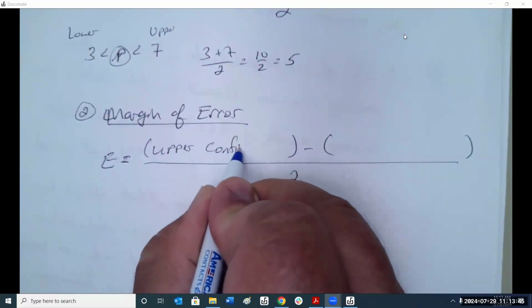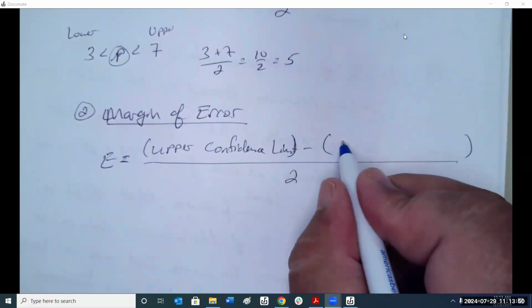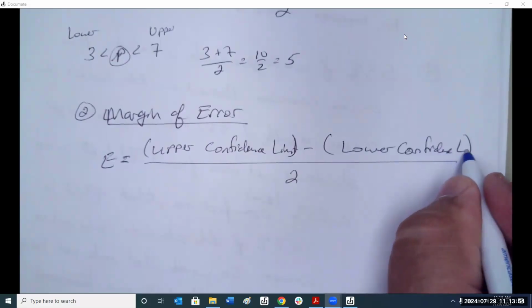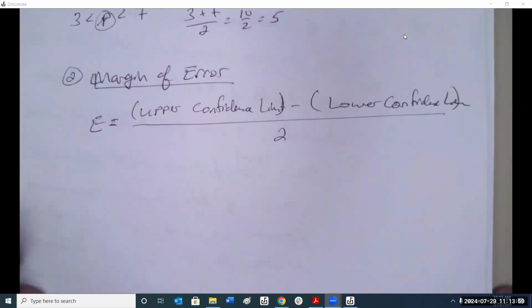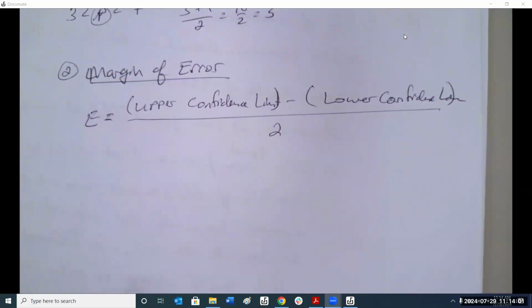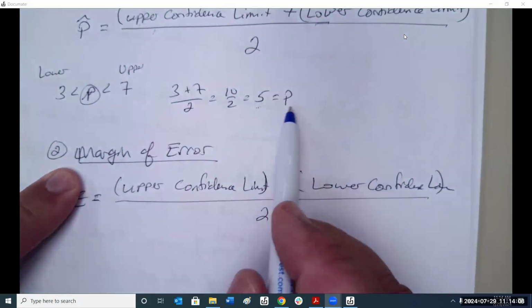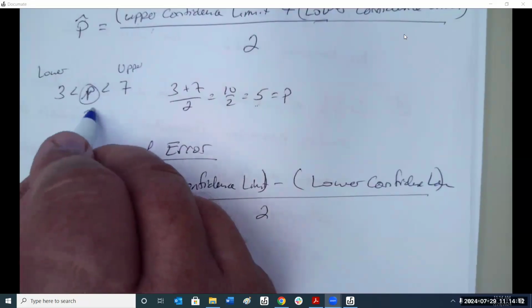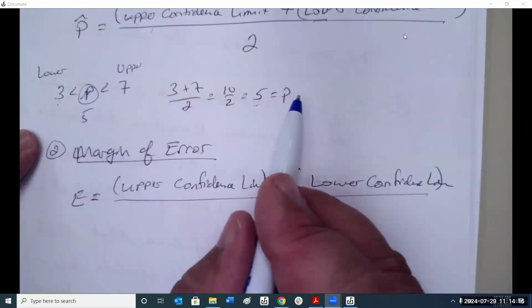Upper confidence limit, lower limit. So looking at this value here, this is our P. So if that's 5, what do we have to do to find 3? How do we go from 5 to 3?